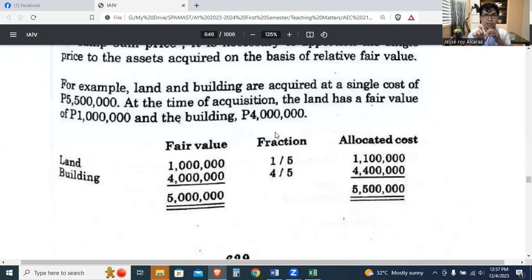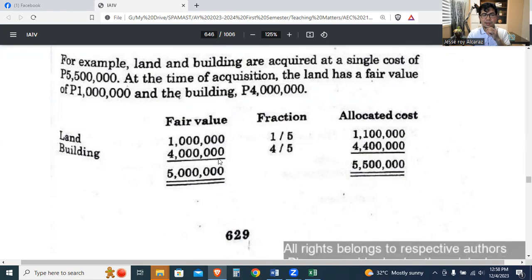So how do we divide or allocate the purchase price of the properties? So land is 1 million, building is 4 million. So the fair value is 5 million lang as compared to our purchase price of 5,500,000.